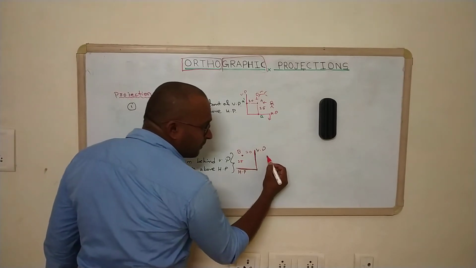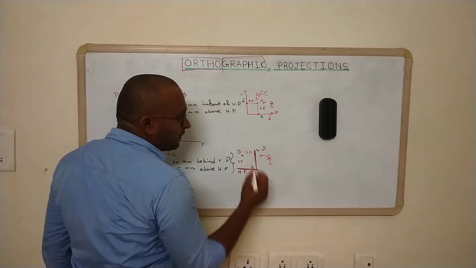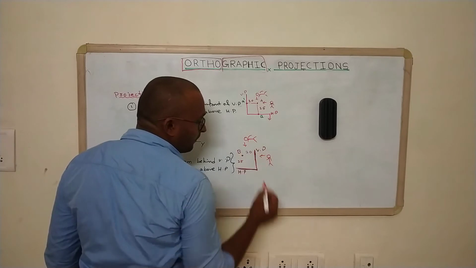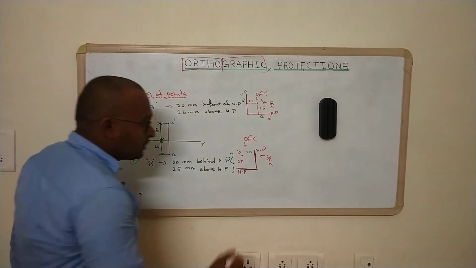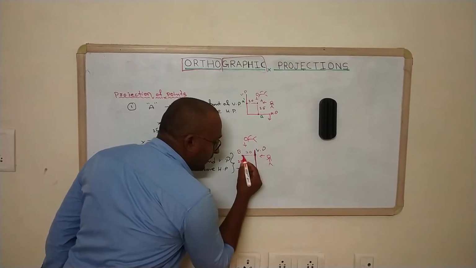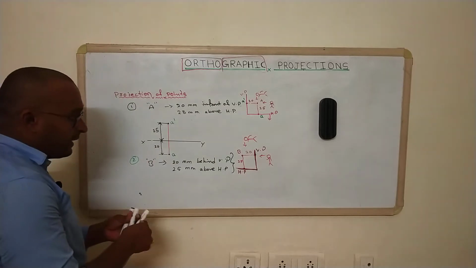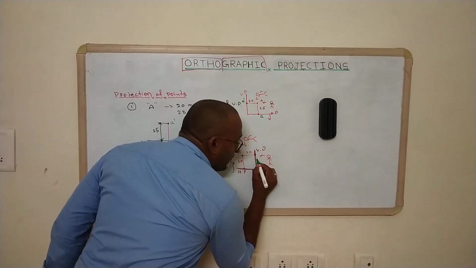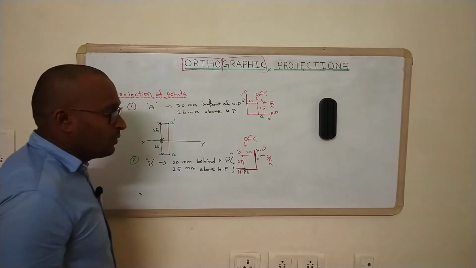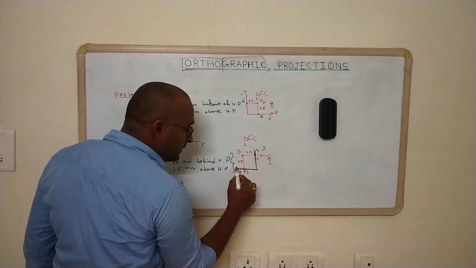Whenever we see from the front view and top view, automatically the front view will be projected onto the vertical plane and the top view will be projected onto the horizontal plane. Here this is the B dash and here this is the B. I said that for our convenience we rotate the horizontal plane downwards.